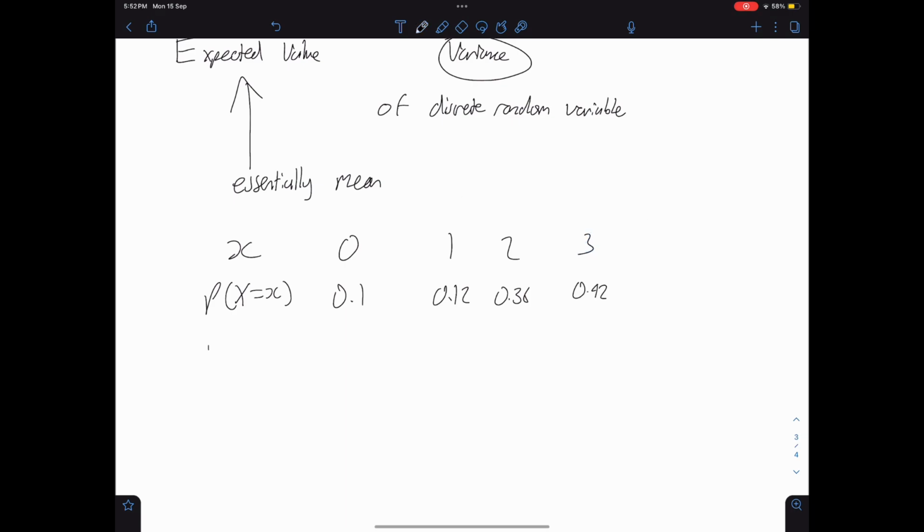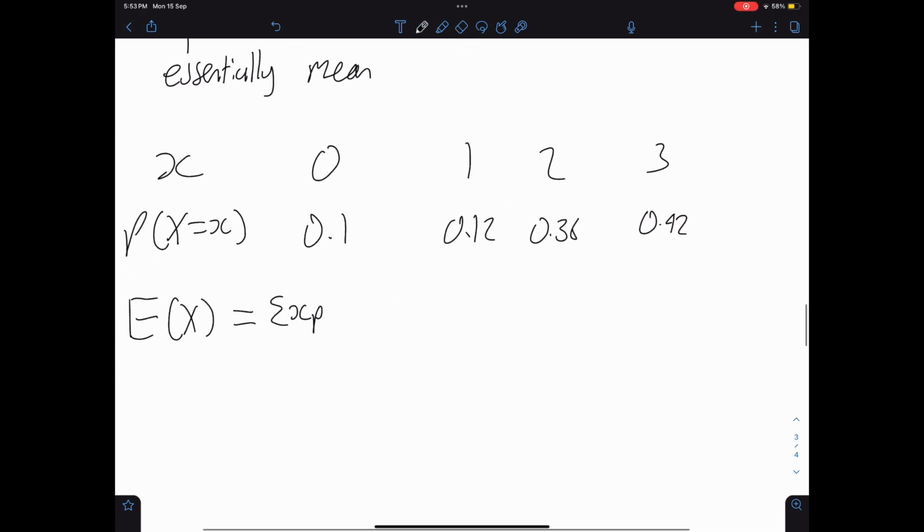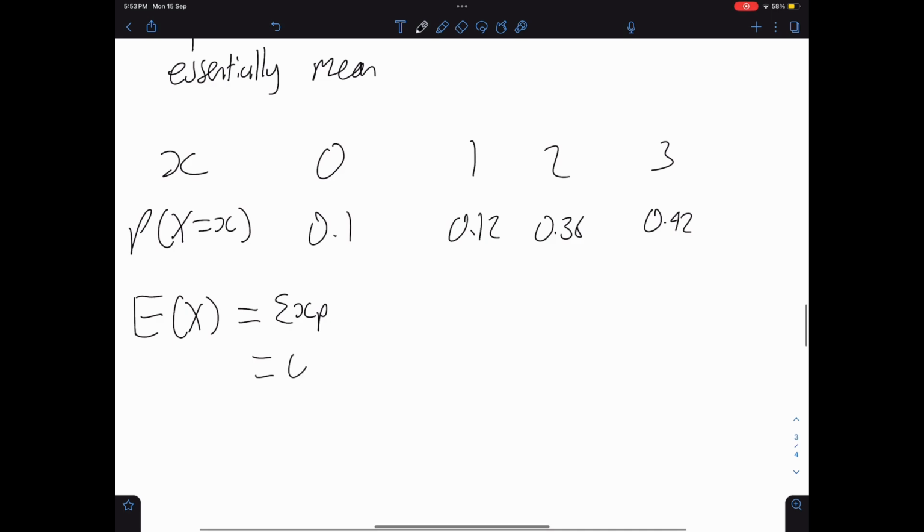So E(X), which is expected value, E stands for expectation, and the brackets mean of, and X means X, so expectation of X. That's equal to the sum of the values it can take multiplied by the probability. So we substitute: 0 times 0.1 plus 1 times 0.12 plus 2 times 0.36 plus 3 times 0.42.